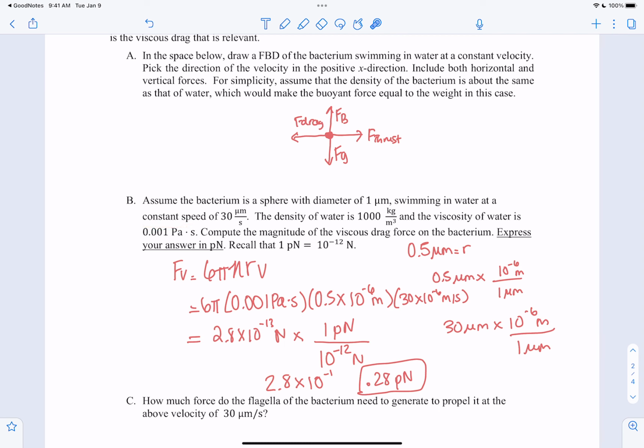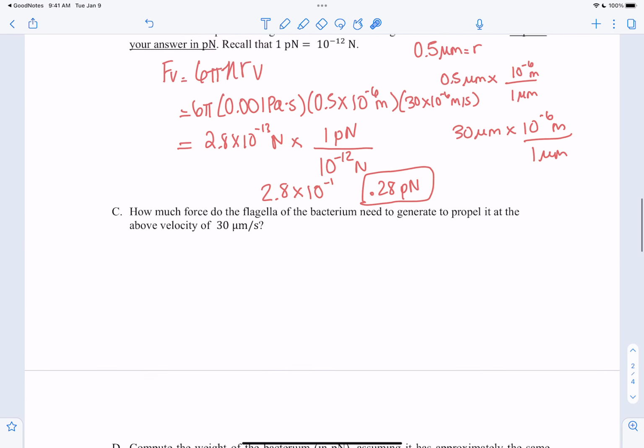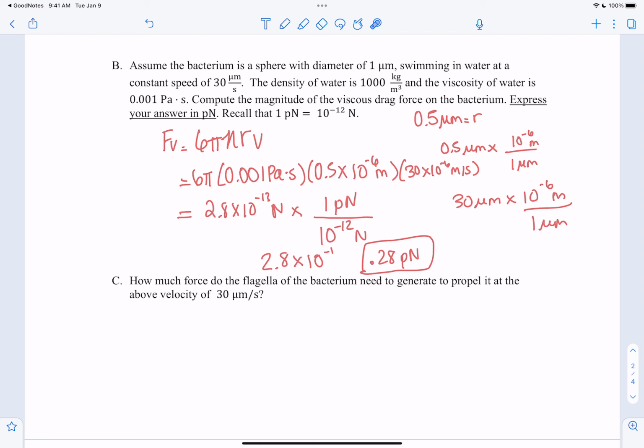So if we're looking at how much force the bacteria needs to generate to propel it at that same 30 micrometers per second, we just need to figure out the thrust force that the bacterium would feel to propel it at that speed.